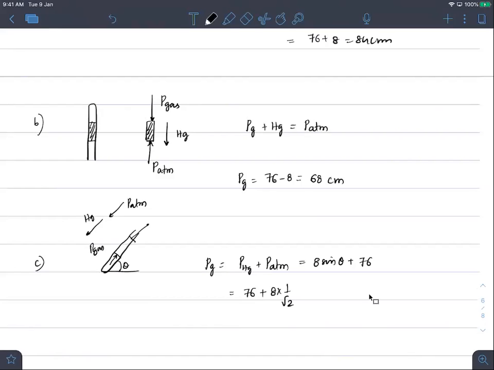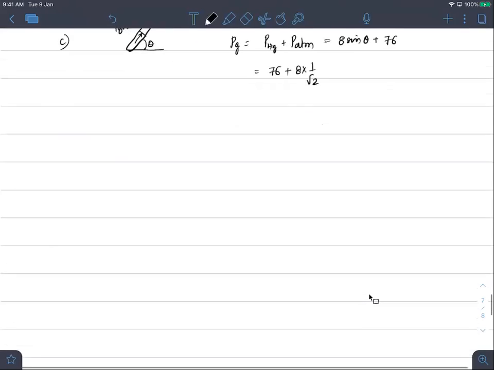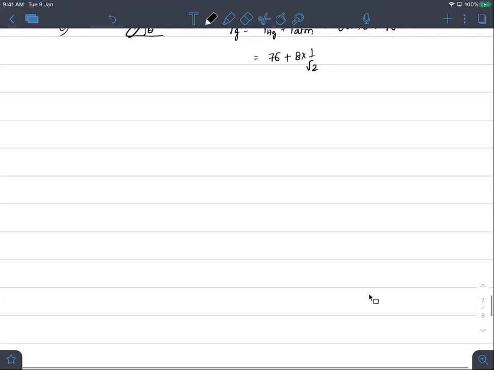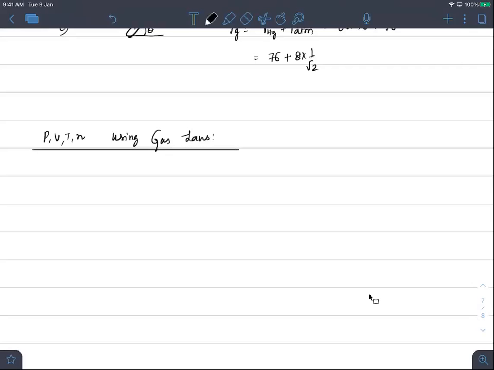To define an ideal gas, we need state functions. So we studied pressure, volume, temperature. We also learned how to calculate the pressure of gases. Now we can dig into how to relate pressure, volume, temperature, and number of moles using gas laws. So using gas laws, we are trying to relate them with one another.